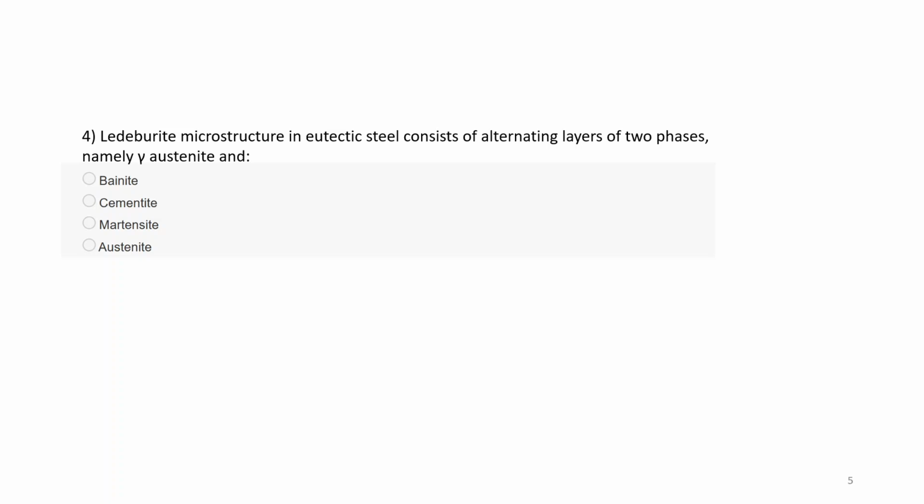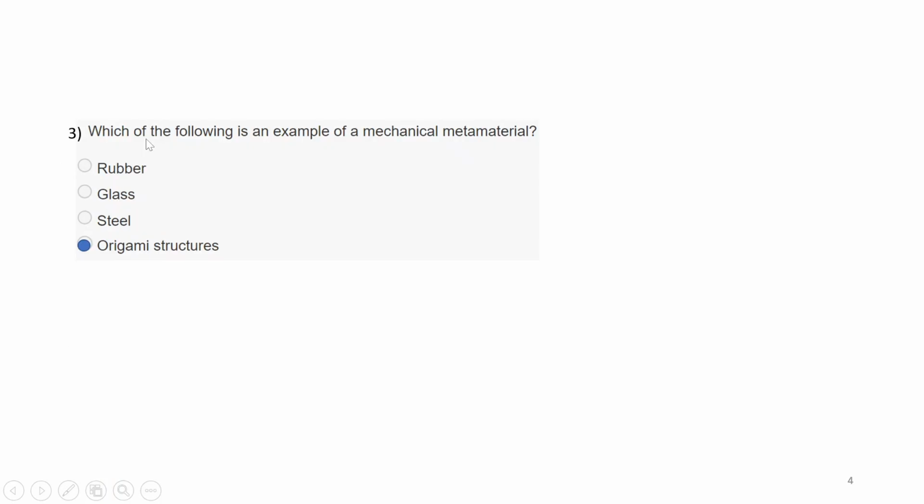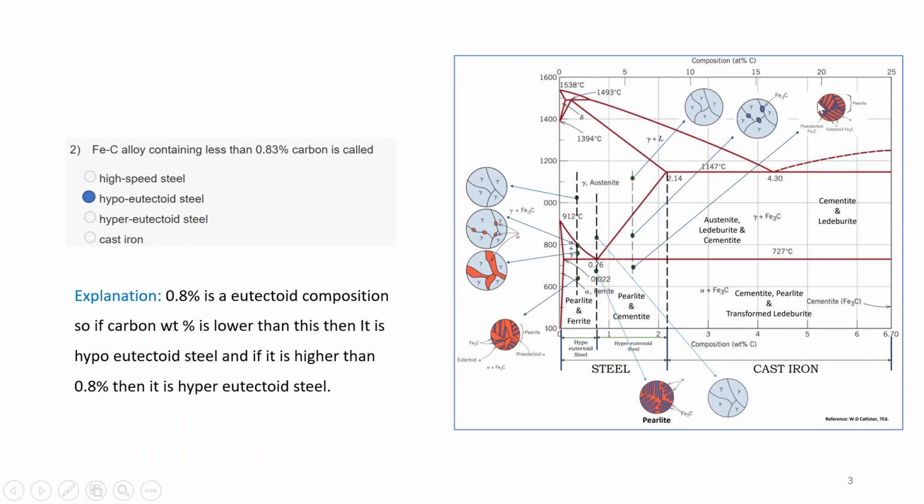The next question is, ledeburite microstructure in eutectic steel consists of alternating layers of two phases, namely gamma austenite and what is the other phase? Ledeburite is a combination of, as you saw previously, the eutectic reaction occurring at 4.3%.